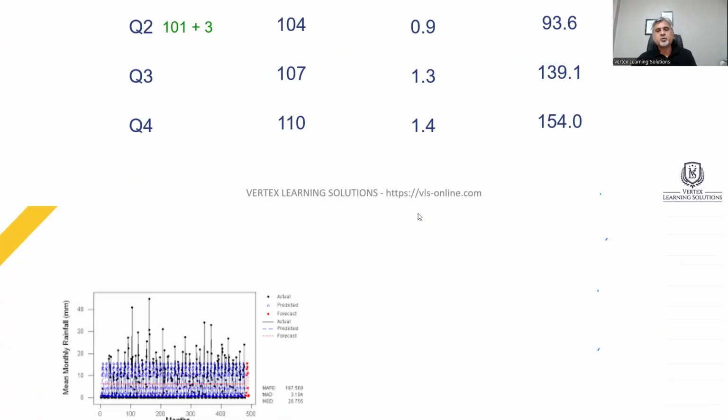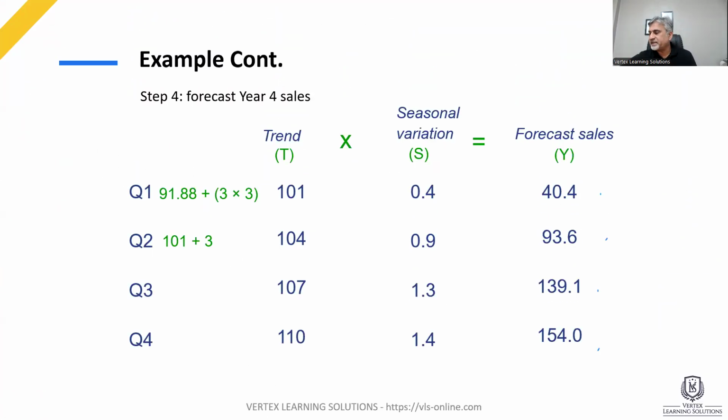Okay. So this is all with this method. And by the way, because I multiplied my trend line with the seasonal variation to calculate this y, the formula here is y is equal to T times S. So this is called the multiplicative model.